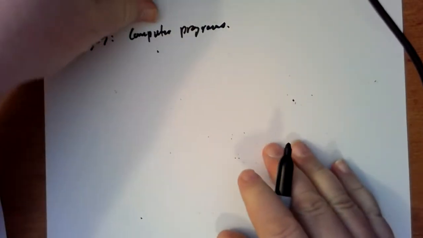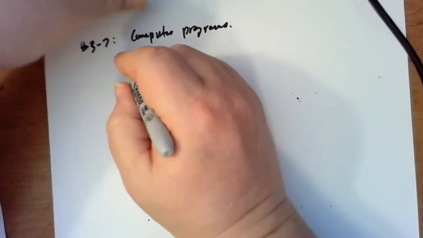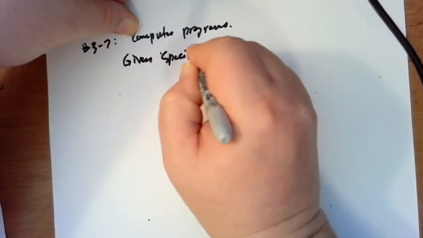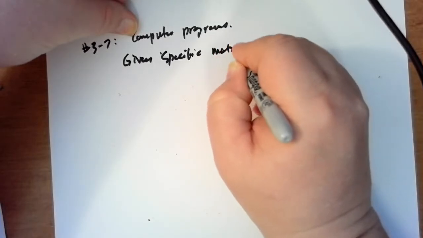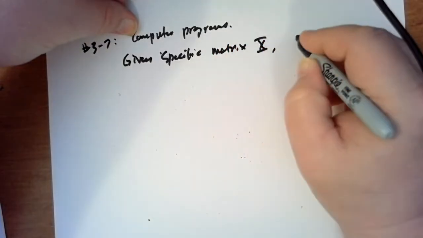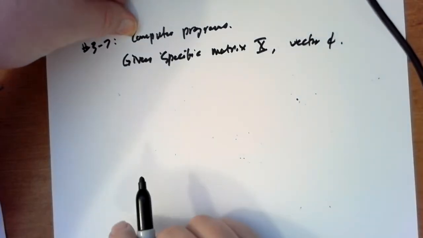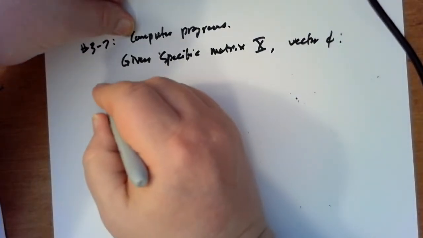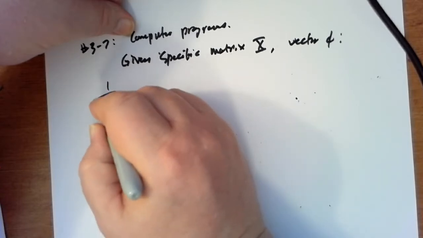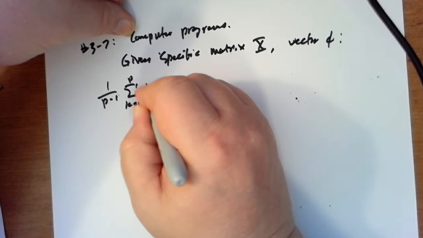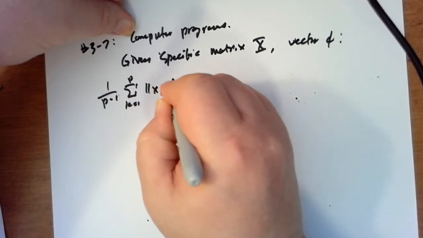So, given a specific matrix X and vector phi, we want to compute 1 over p minus 1, sum k equals 1 to p, of xk squared.